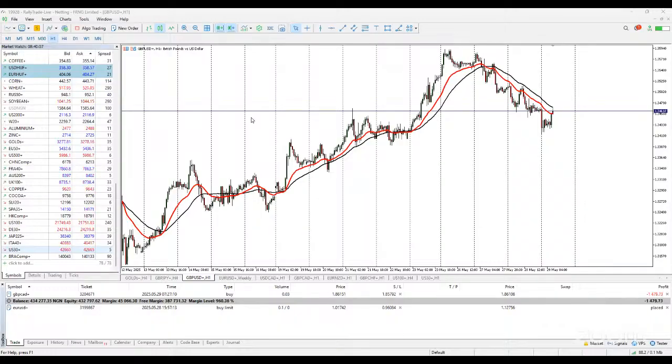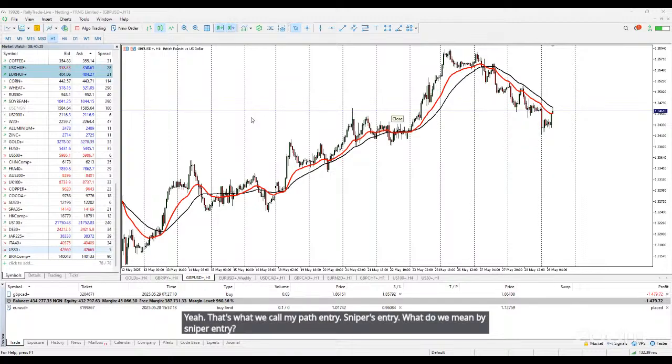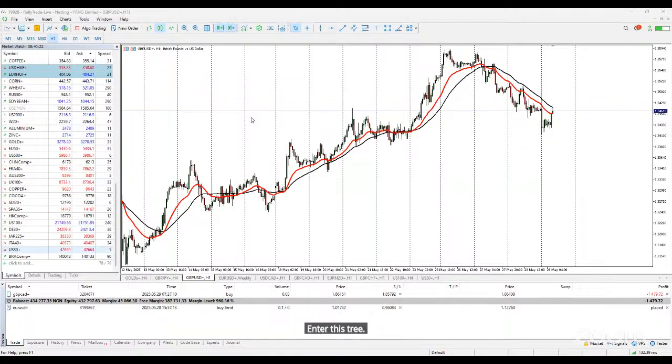Is it a wise strategy trying to catch a retracement? Yeah, there's what we call a sniper's entry. What do we mean by sniper entry? Enter this trade at a very good place. Markets move from here, come back to this place, and reach here again. So those people buying from here will take advantage more than people buying from here.